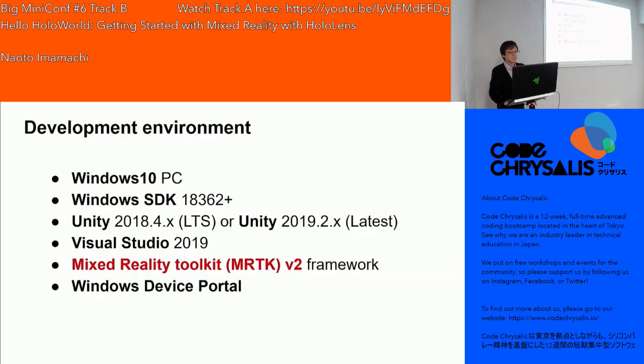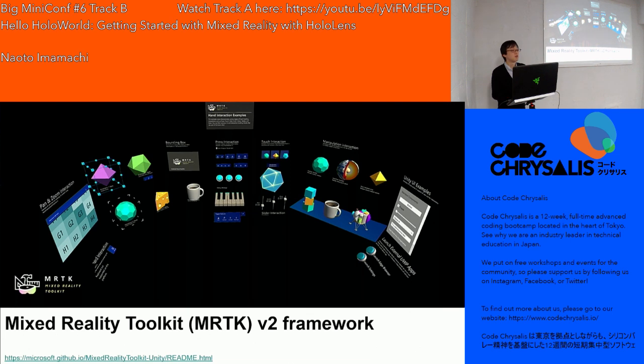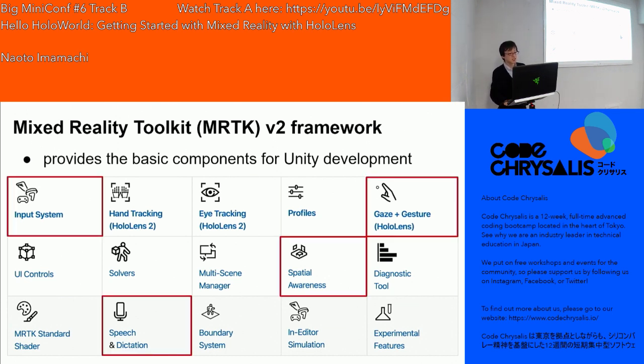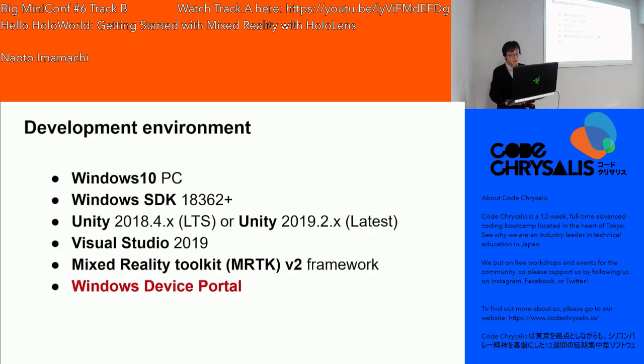The other one is the Mixed Reality Toolkit framework. This framework provides many basic components for Unity development. In the following demo, I also used this framework, such as the input system, gaze and gesture, spatial awareness system, and speech. The last one, which is also important, is the Windows Device Portal.